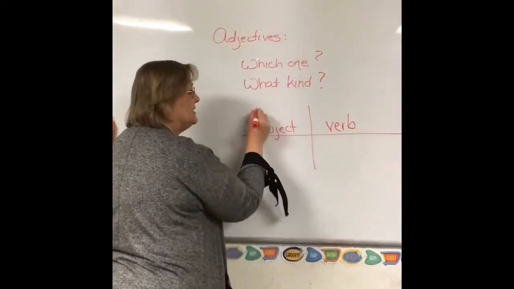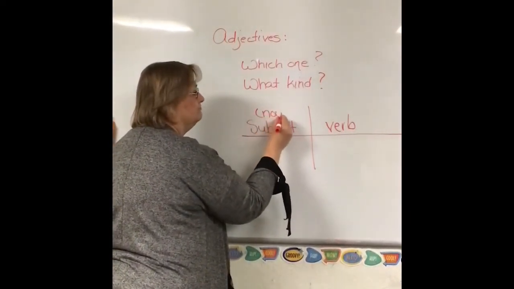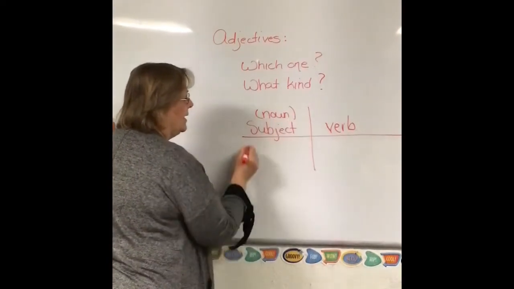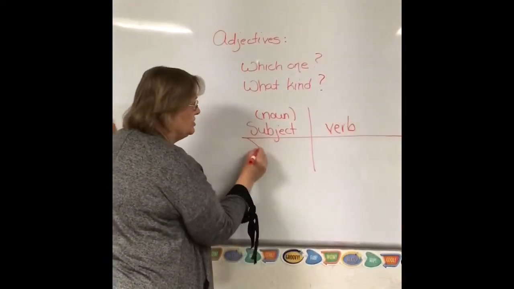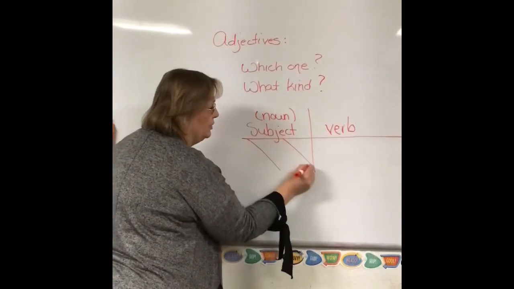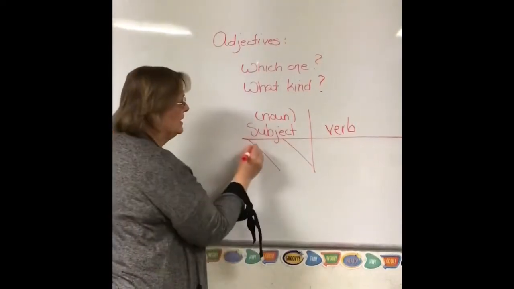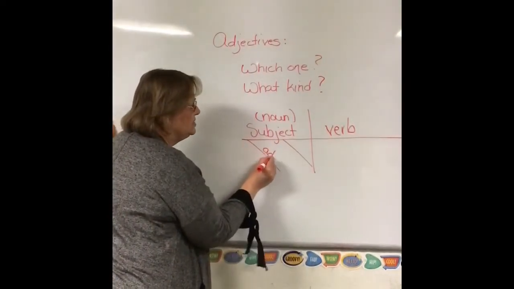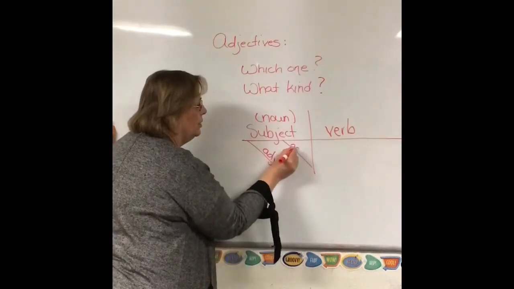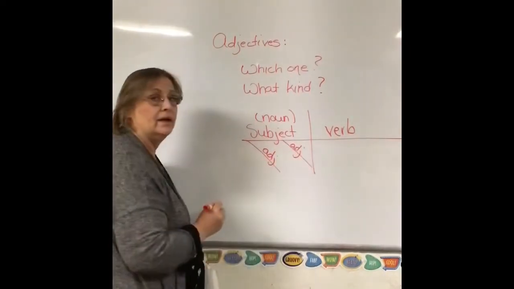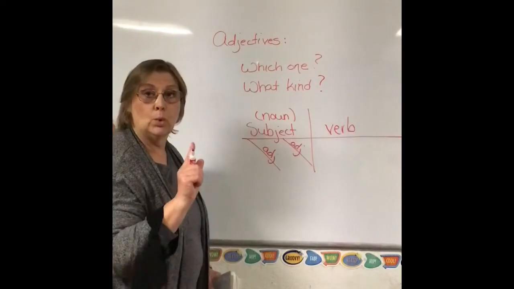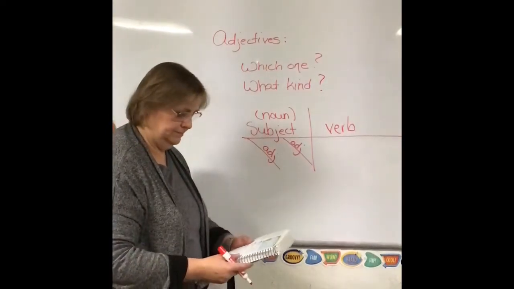The subject is your noun. And then any words that modify that noun go on these lines. These are your adjectives. And you can have more than one.